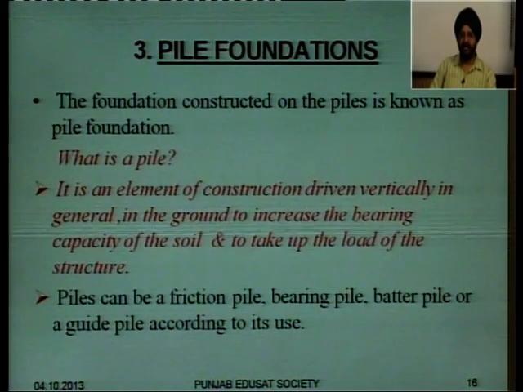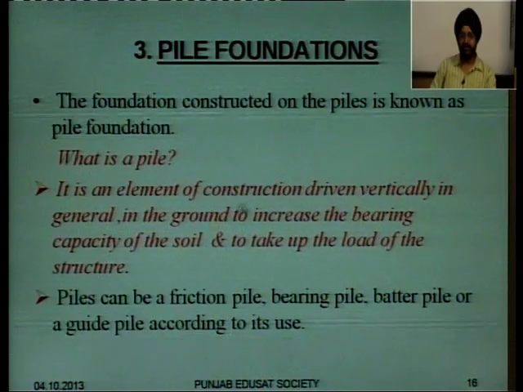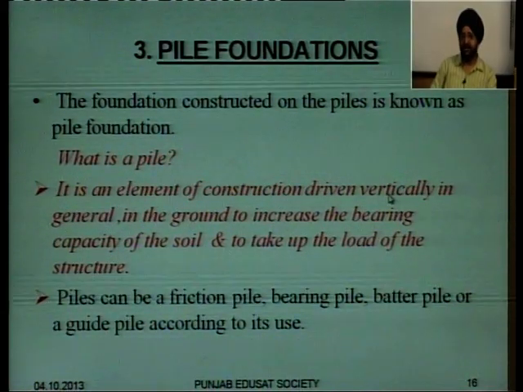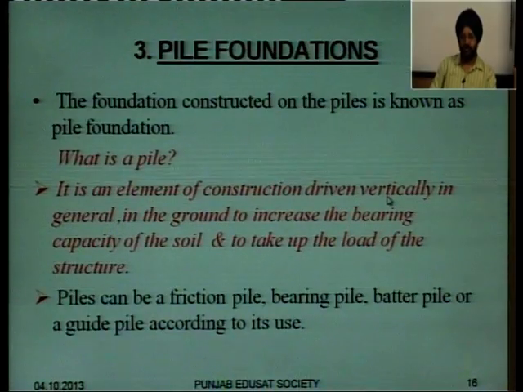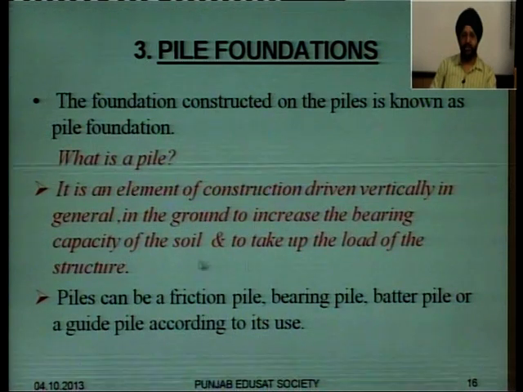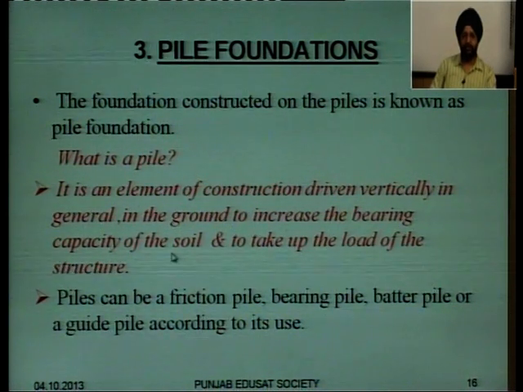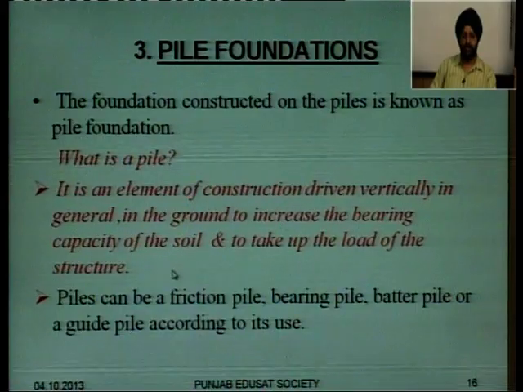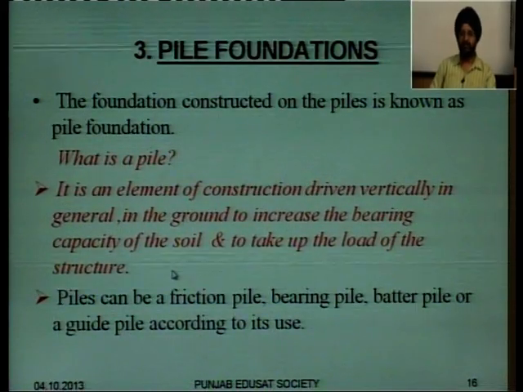So basically, piles are elements of construction. These are driven vertically, or sometimes inclined also. Most of the time, these are driven vertically in the ground to increase the bearing capacity of the soil and to take up the load of the structure. Now we have a variety of piles.